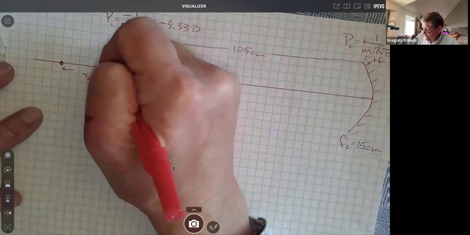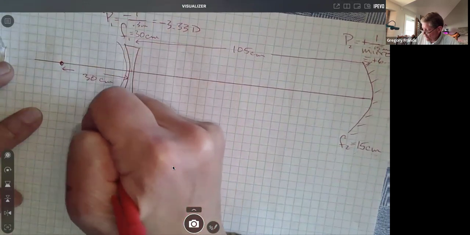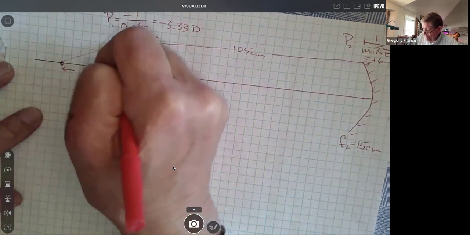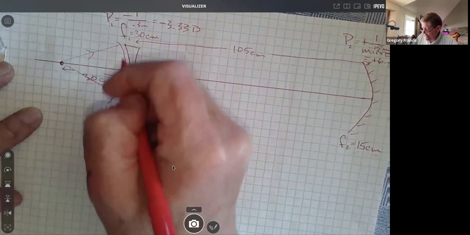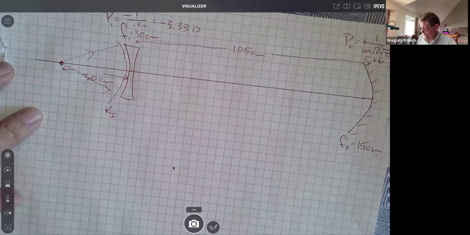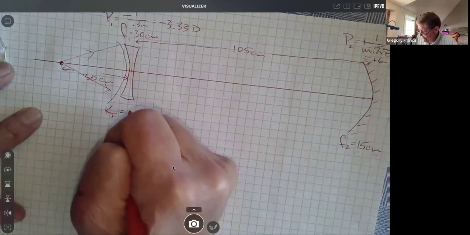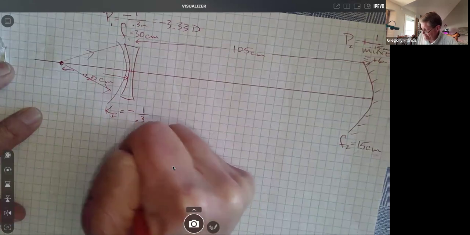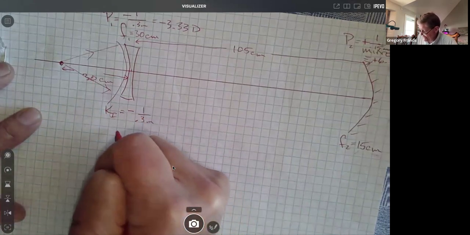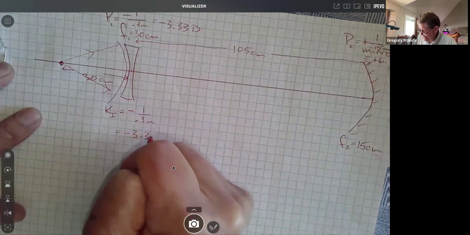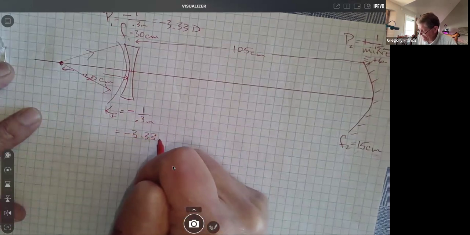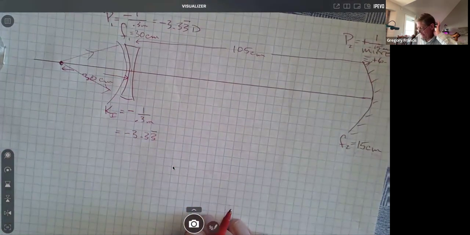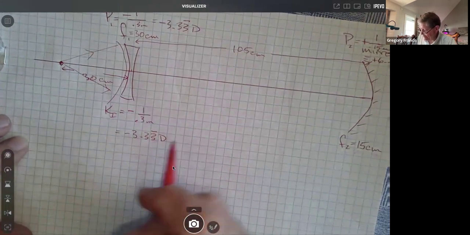Now, we look at this curvature right before the rays that are diverging, right before they hit this first lens. The curvature is going to be negative. It's going to be 1 over 30 centimeters, or 0.3 meters. And that's going to be a negative 3.33 diopters.